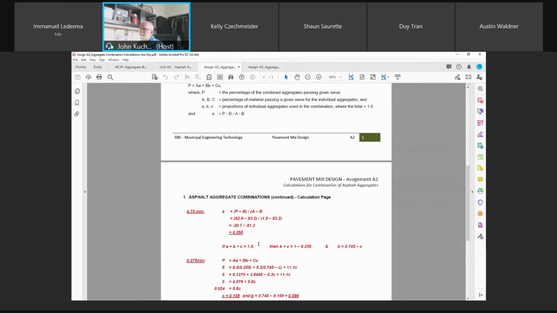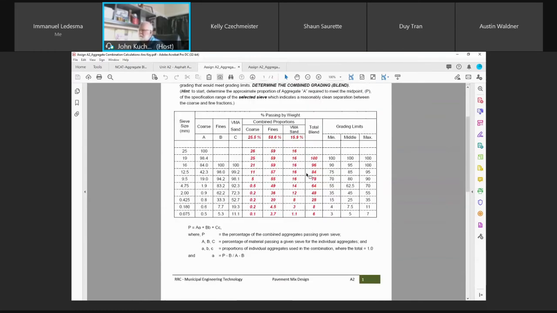Or you can keep the 0.1% here. It's not going to change overall much, but here I went with 25.5. So now it's 25.5% of 98.4, and 25.5% of 42.3 gives you 11. These are just straight math functions, just like you did in your lab and just like you did for concrete. So your blend now is 25 plus 59.